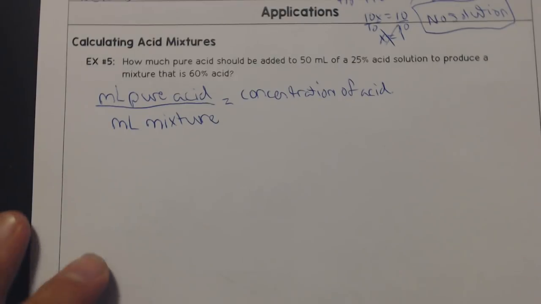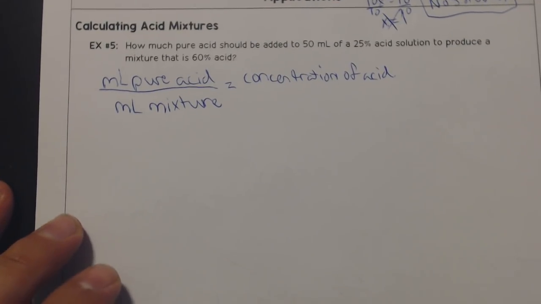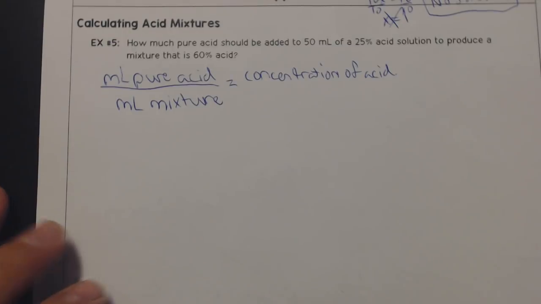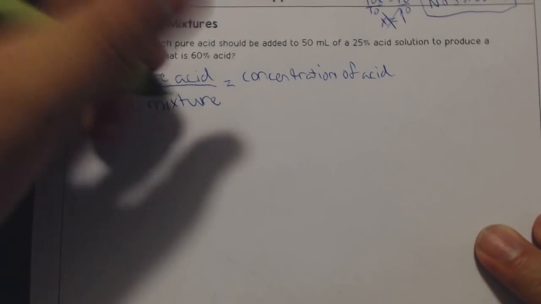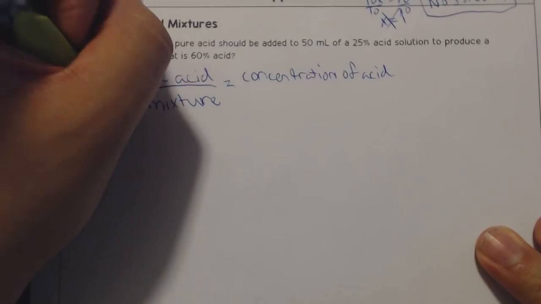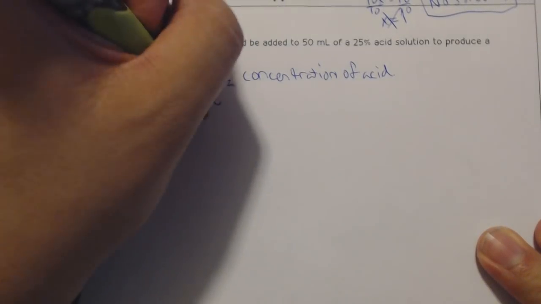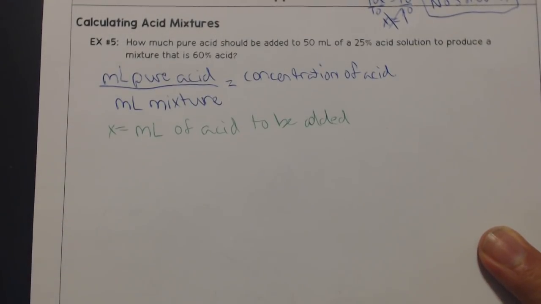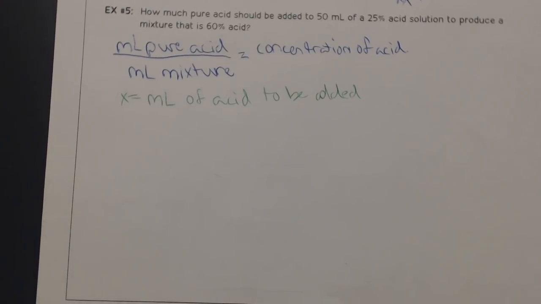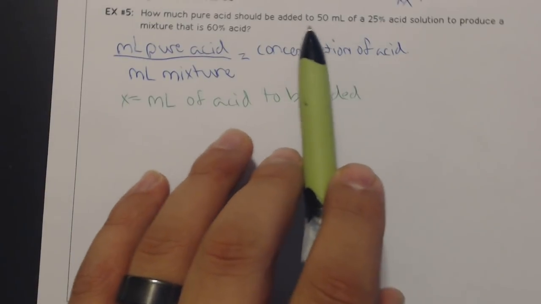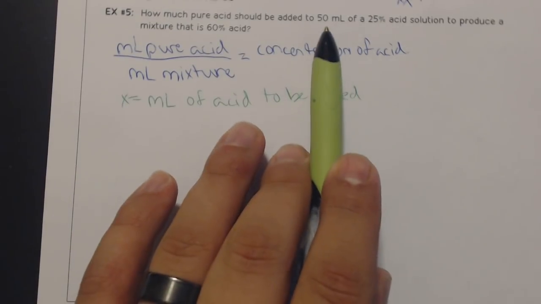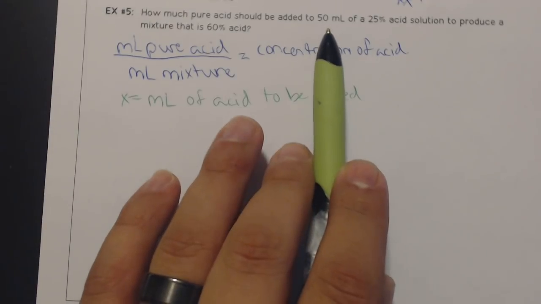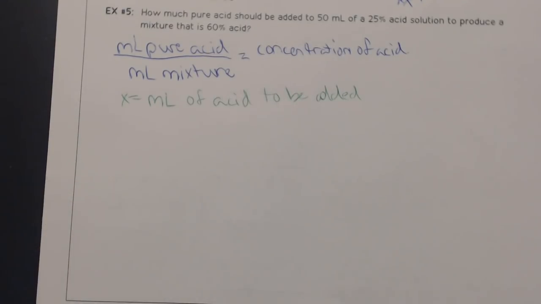And now with that knowledge, we can say, okay, well, we'll set x to be equal to the number of milliliters of acid to be added. And I'm even told here that 25% of my acid solution of 50 milliliters is going to be what gives me pure acid.